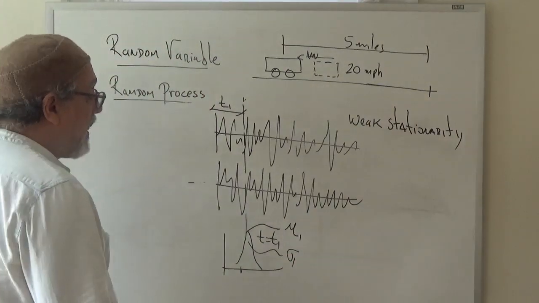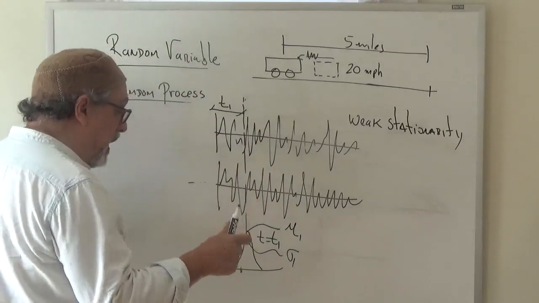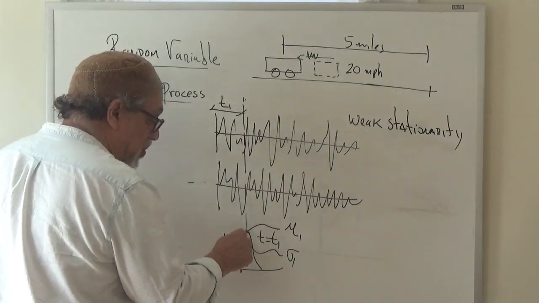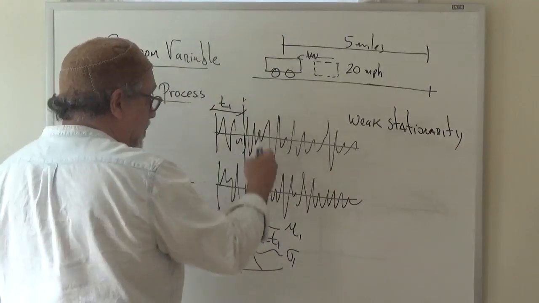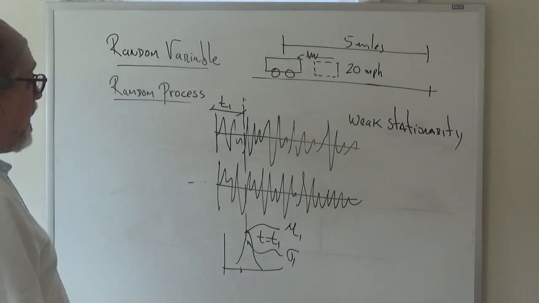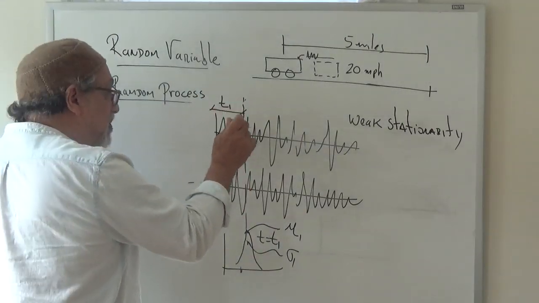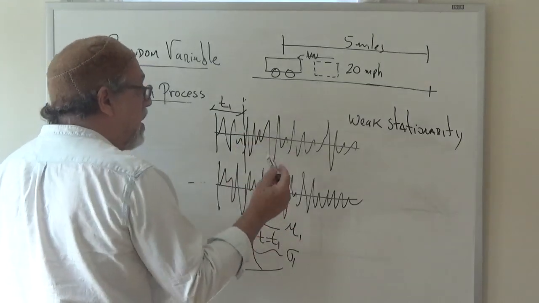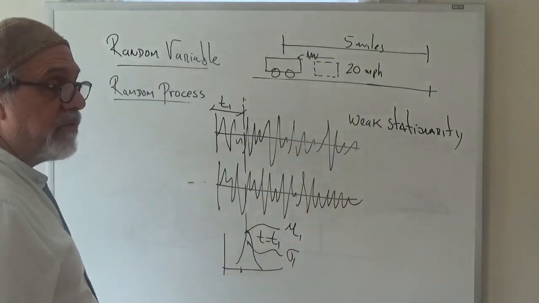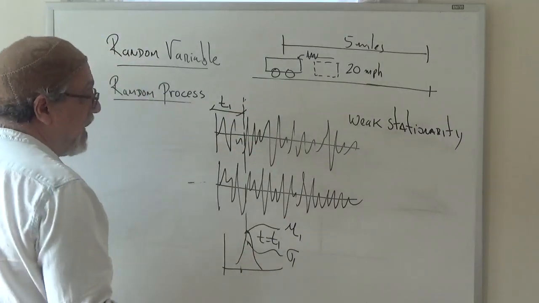Notice that the fact that I say that there is a mean and a standard deviation does not mean that the process is a Gaussian curve. Any collection of numbers has a mean and a standard deviation, right? The mean is just the average of all of them, and the standard deviation is just each value minus the mean squared, summed together, square root, right? So any collection of these numbers has a mean and a standard deviation.